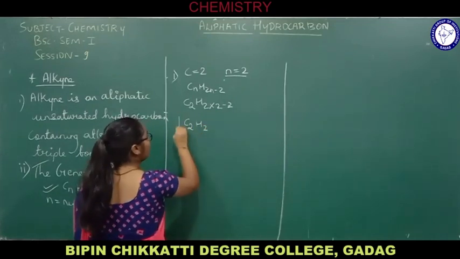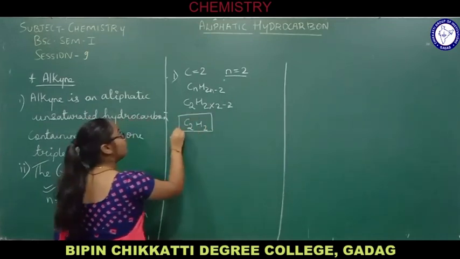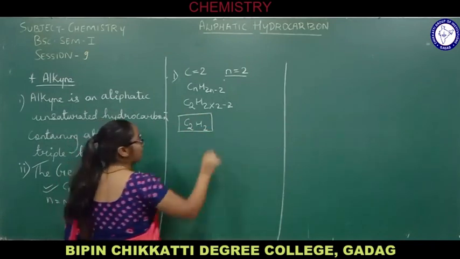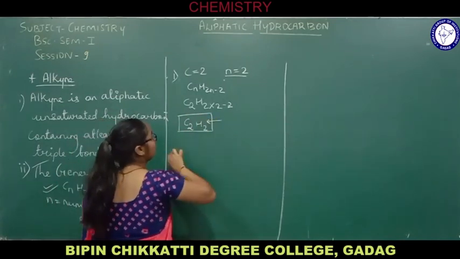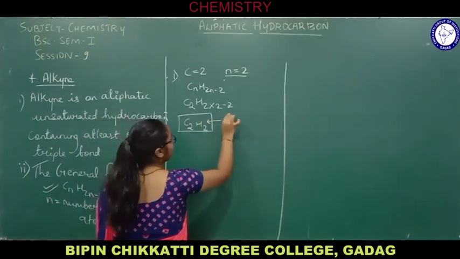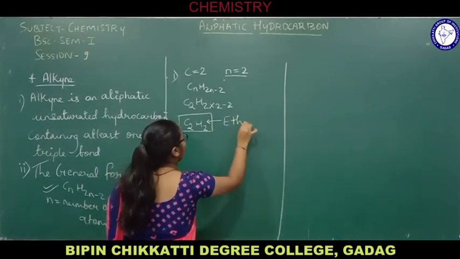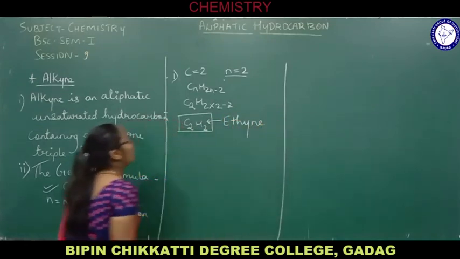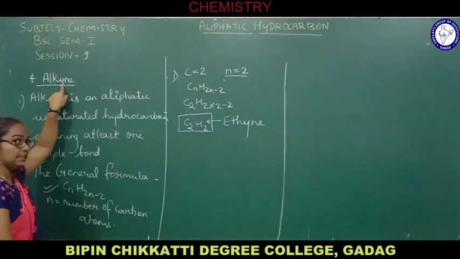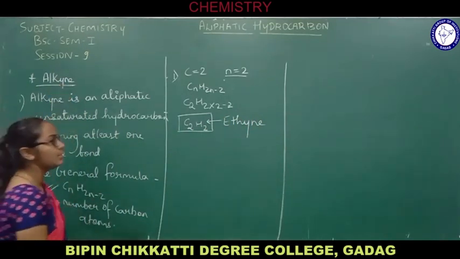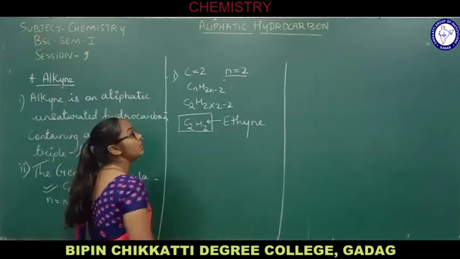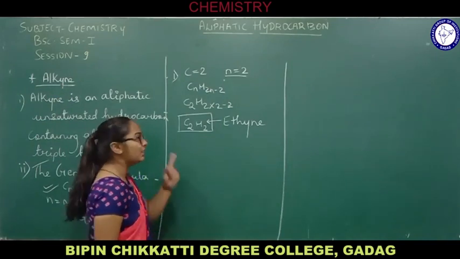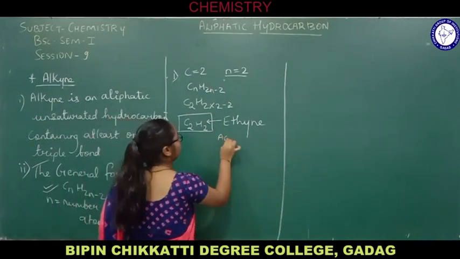So this is the molecular formula for the first member of the alkyne family, and the name for this member is ethyne, E-T-H-Y-N-E. Ethyne, understand this.